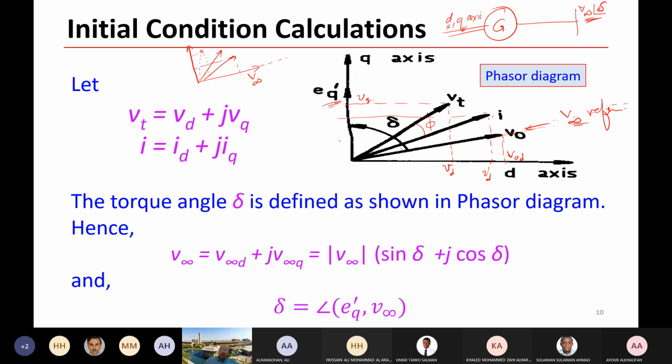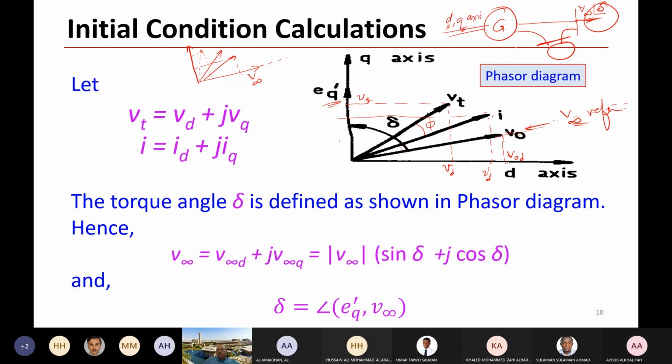Yes, clear, I hope. Okay, great. So this problem of axes and references will be very clear if we have two or three machines.